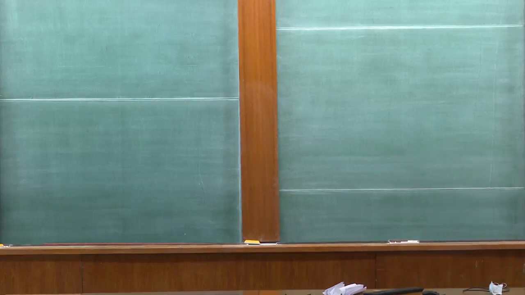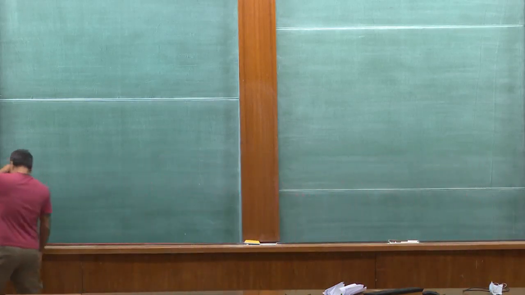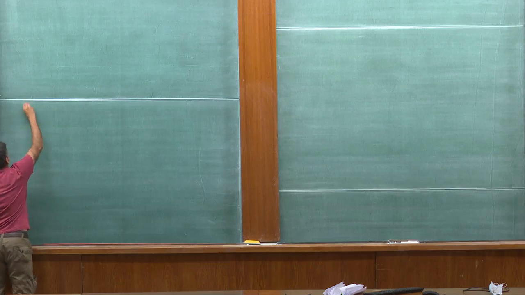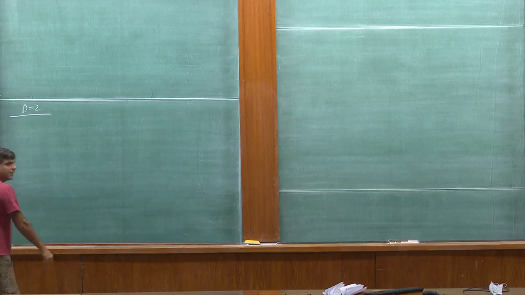In the last class, we were listing out simple supersymmetry algebras. So let me remember what we had in 2 dimensions. I'll just keep that on the board because it'll be useful for what we do next.